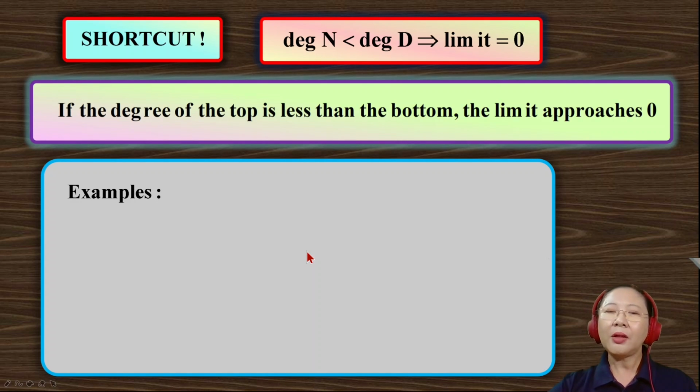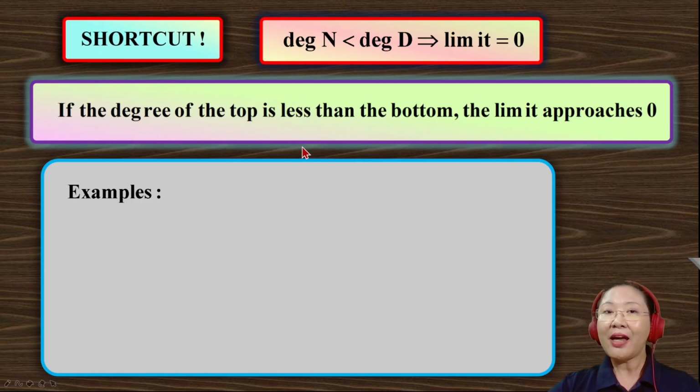Okay, let's look at a shortcut method, because when you are doing limit, you can't calculate the limit in the long working that we learned in Sem 1. So most of the time, we try to use a shortcut to get the answer of our limit when we are sketching graphs.